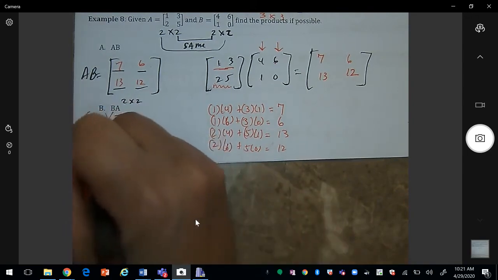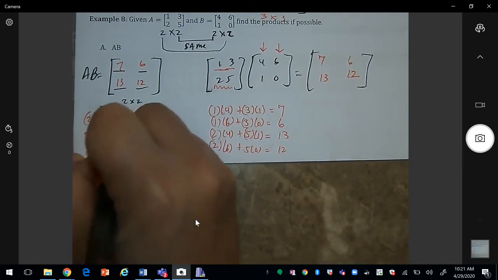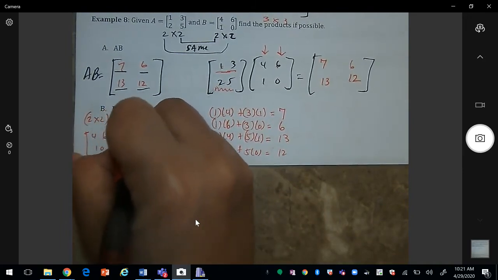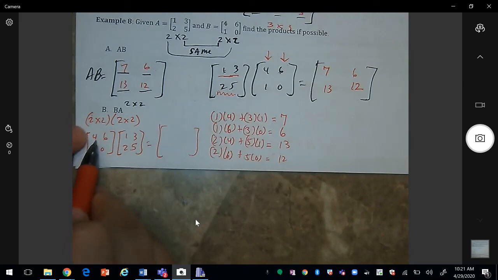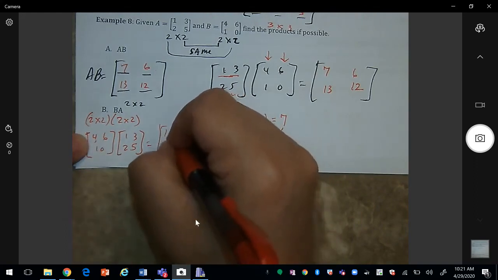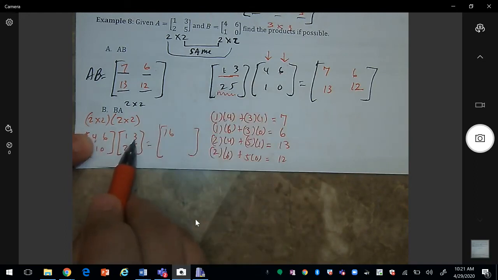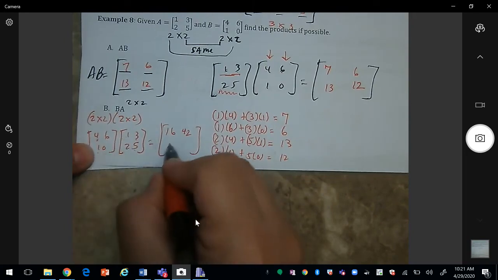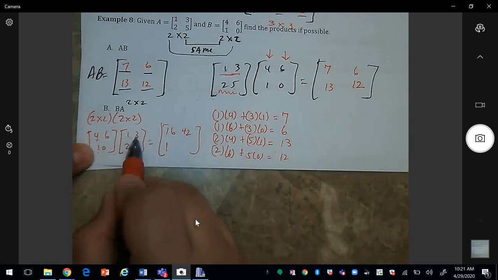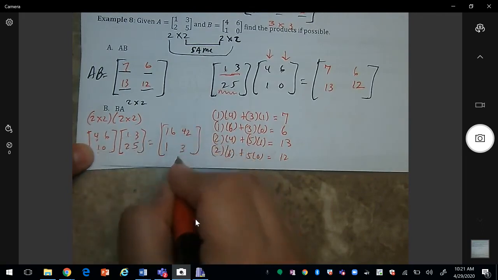We're going to have [4 6; 1 0] times [1 3; 2 5]. So 4 times 1 is 4, and 6 times 2 is 12, so 12 plus 4 is 16. 4 times 3 is 12, and 6 times 5 is 30, so if we add 30 plus 12, we get 42. Go to the second row: 1 times 1 is 1, 0 times 2 is 0, so we get a 1. 1 times 3 is 3, 0 times 5 is 0, so we get 3.